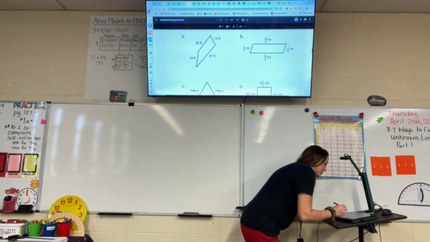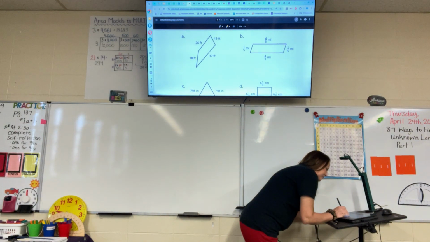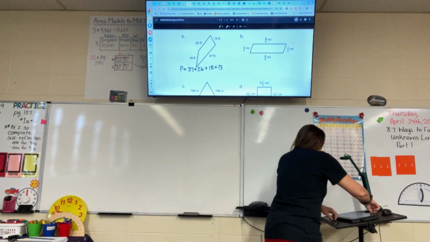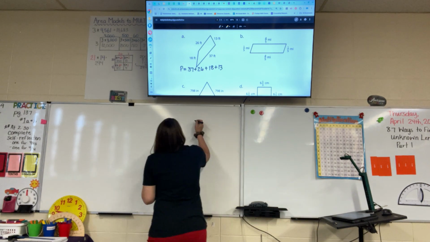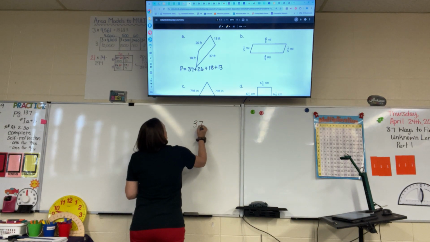So the expression we're going to write is P equals 37 plus 26 plus 18 plus 3. And I'm going to stack those up to make them easier to add.